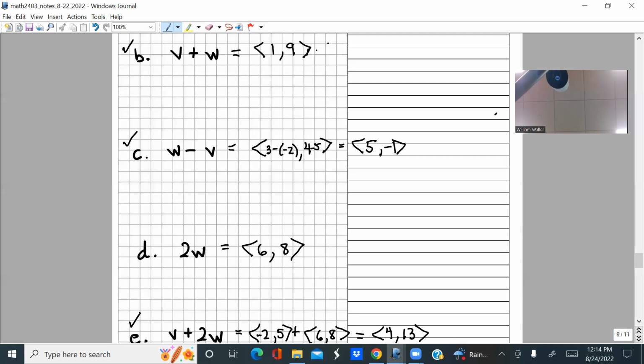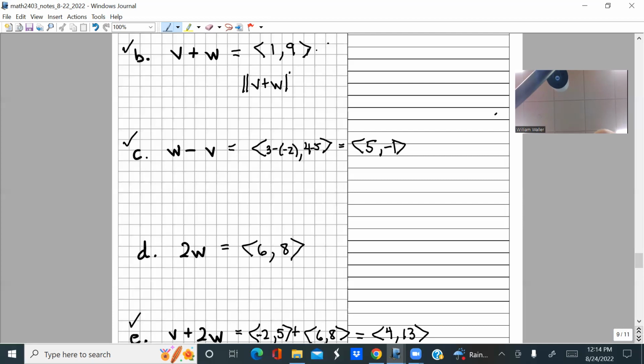For instance, I should have done one example. So we want to find the unit vector that corresponds to this vector, which is not a unit vector. This does not have magnitude 1.